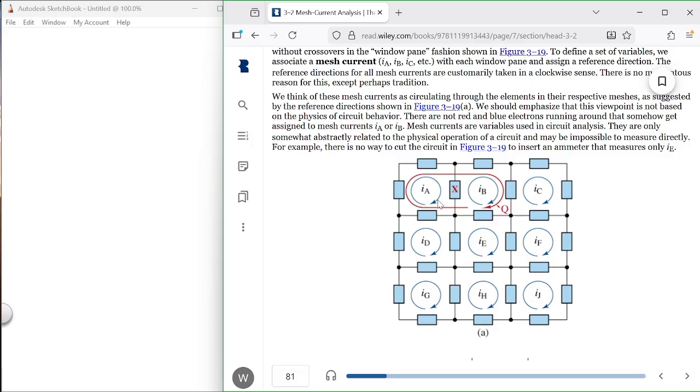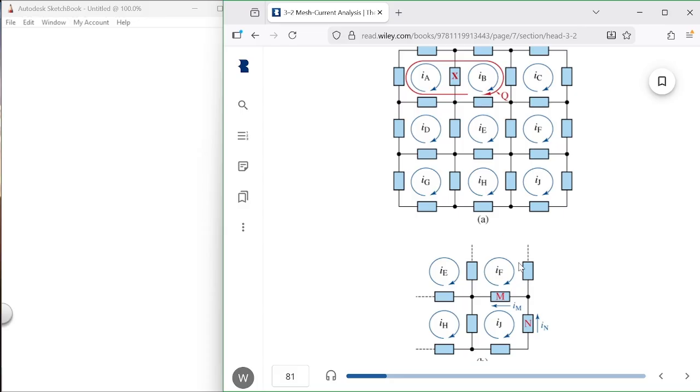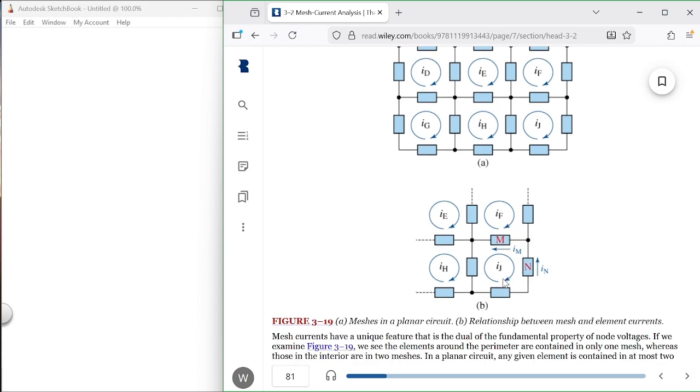So each current is going clockwise in its own little loop, and there's 9 of them. Where they meet, it's the one minus the other one. So if you're writing the one for IF, it's IF minus IJ times M. Here it would be IF minus IE times that guy right there. It's where you meet somebody else, it's the one minus the other one.